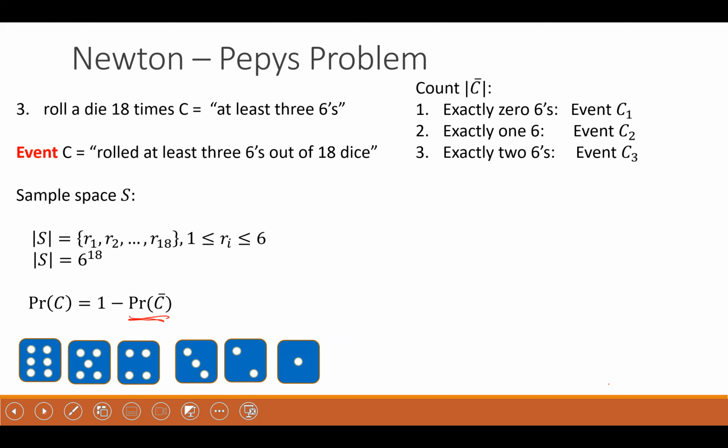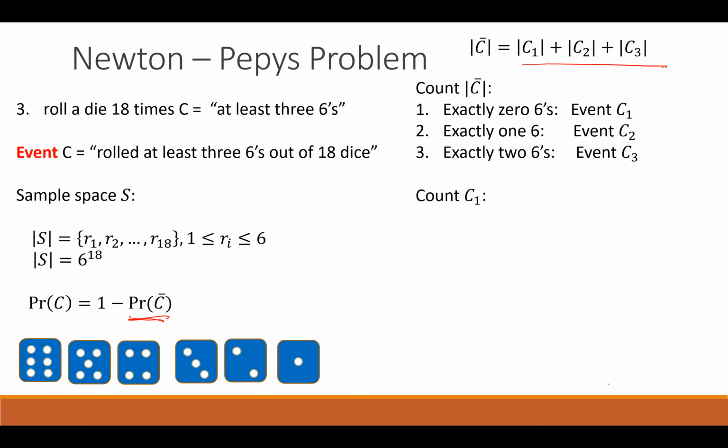Okay, so now we're just going to count them individually using all of the same steps that we did for the other 2. And again, we're going to use the sum rule to count C complement, because all of the outcomes in this set are disjoint from all of the outcomes in this set and all of the outcomes in this set, right?